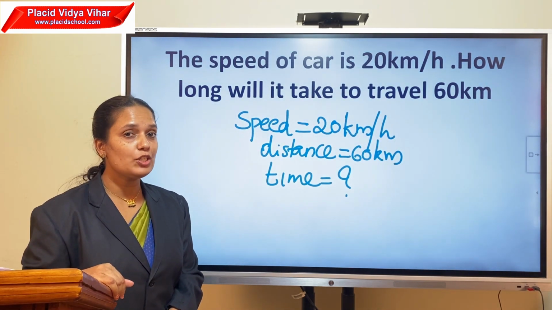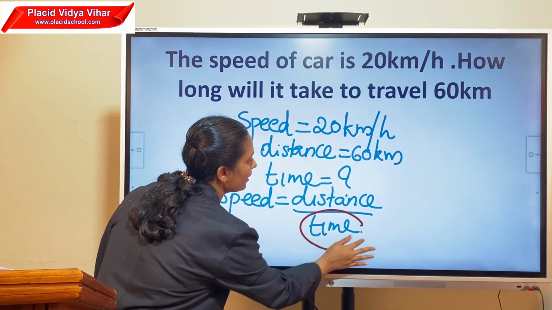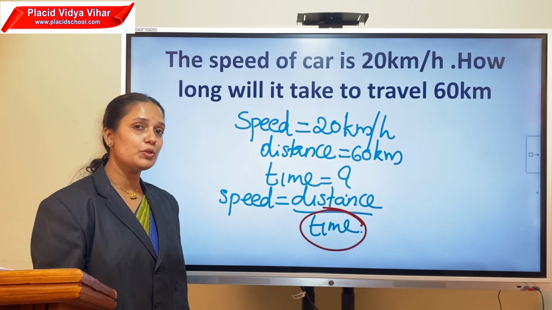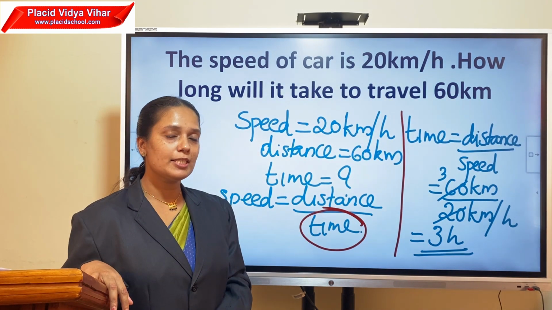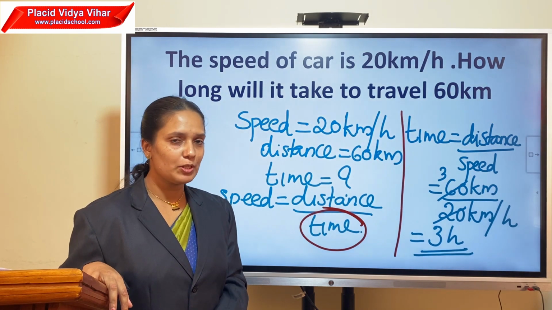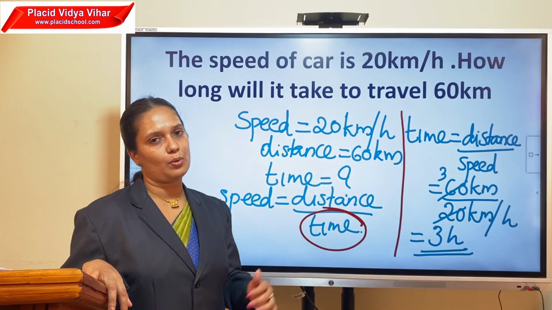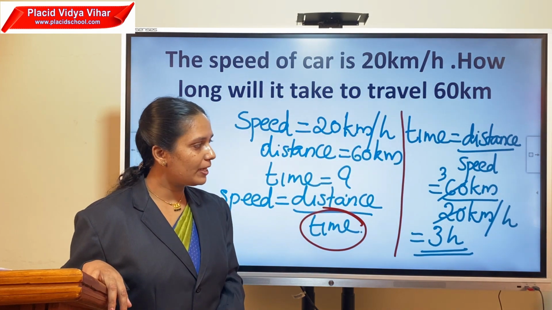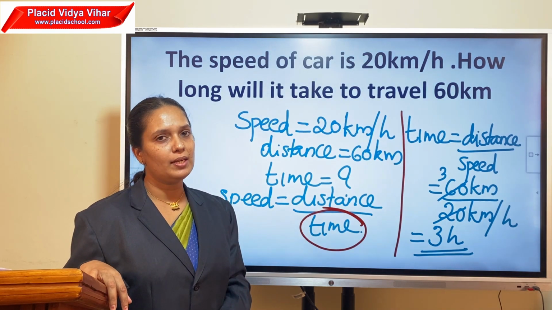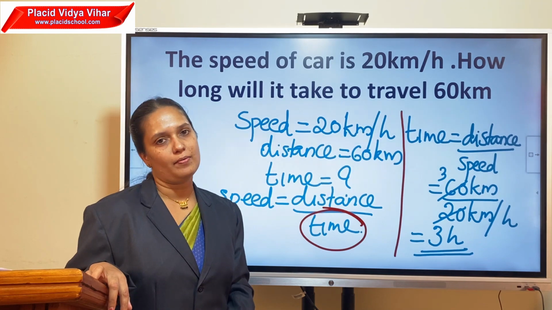So we have to find time. So how to find time? Time equals distance divided by speed. Now you can substitute the values of distance and speed in this equation. Here distance is 60 km and speed is 20 km per hour. Then finally you will get 3 hours.